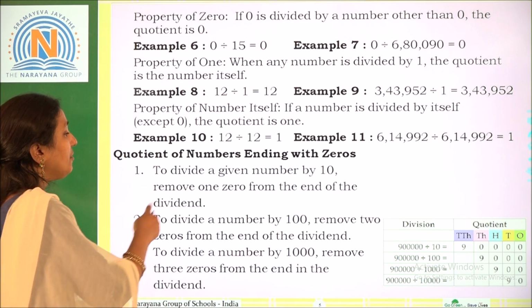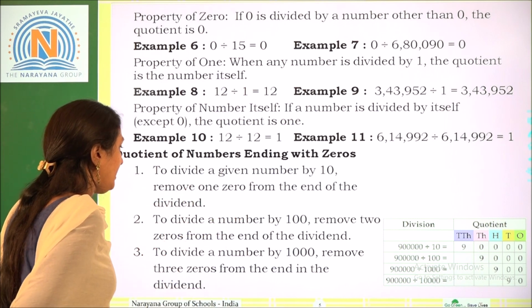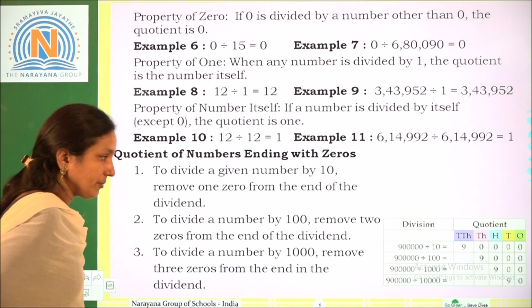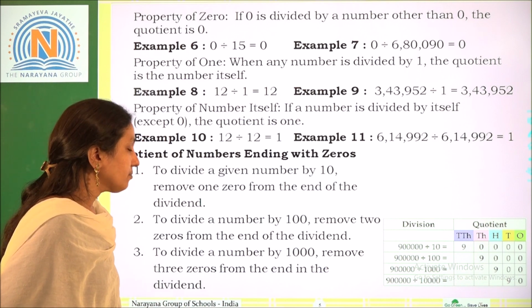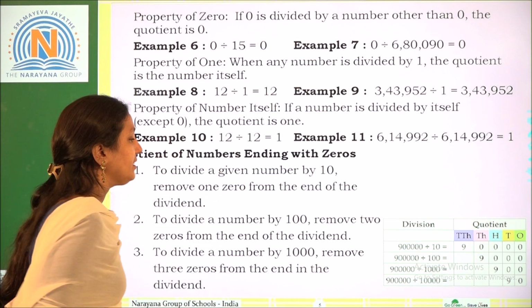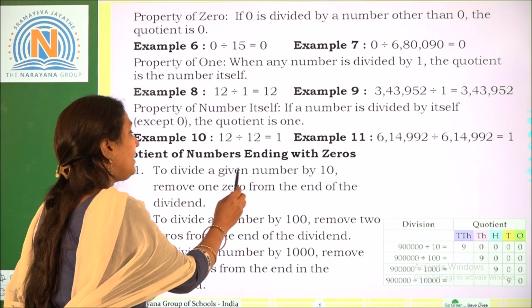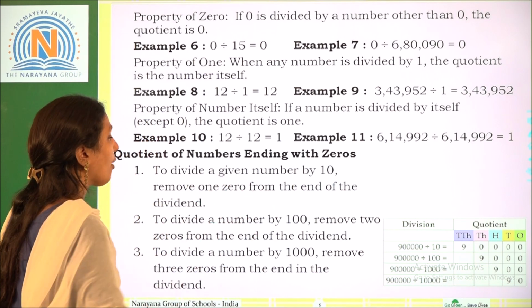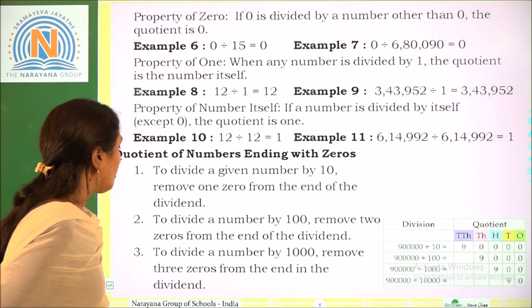See here, to divide a given number by 10, remove 1 zero from the end of the dividend.